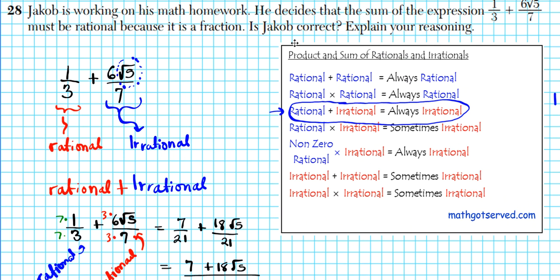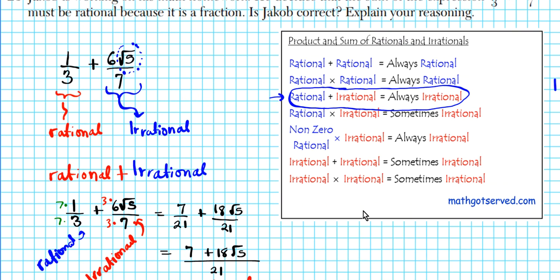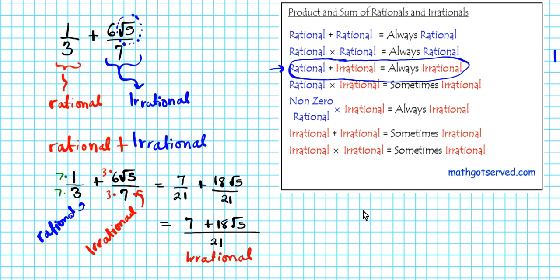Alrighty, so let's answer the question. The question is: Jacob correct? Explain your reasoning. So what are we going to say? Jacob said that the solution is rational, but it's not. So Jacob is not correct. Why?